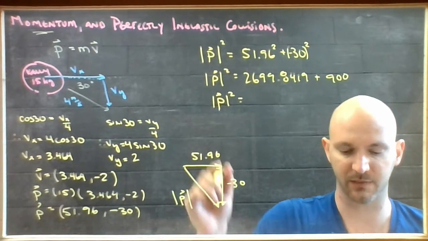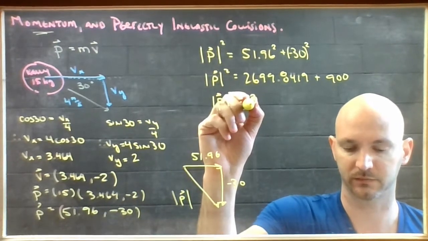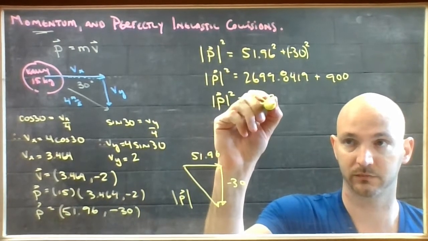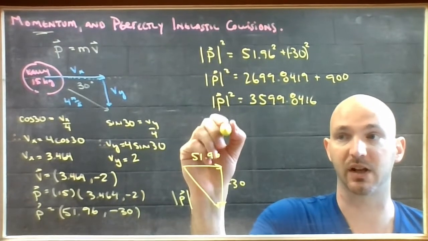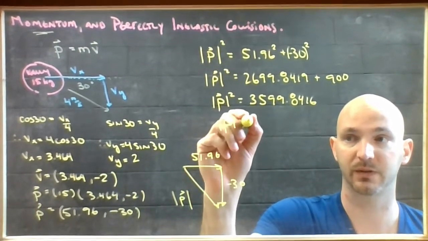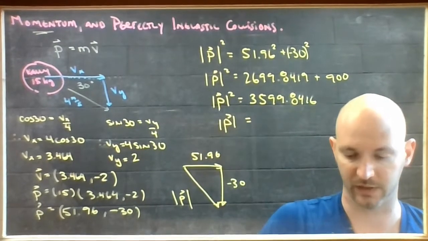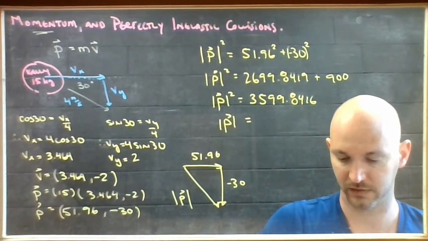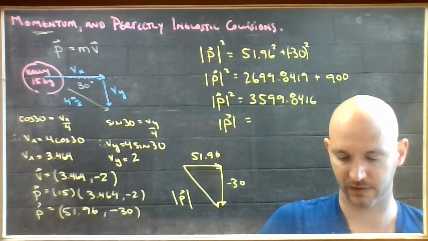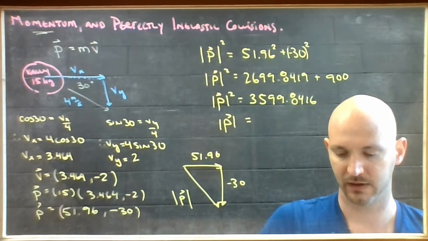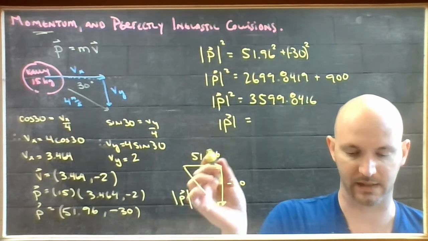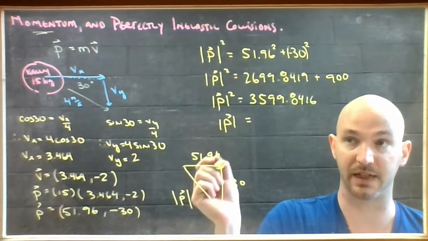It's 3599.8416. And to finish, I need to square root that, which gives me 59.9986, which I'll round to 59.999.